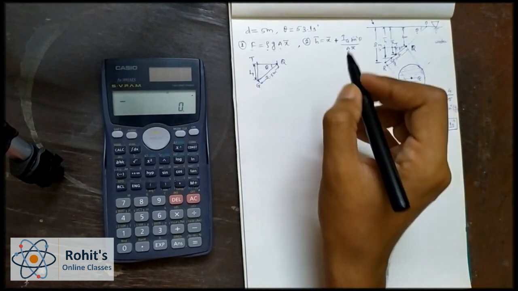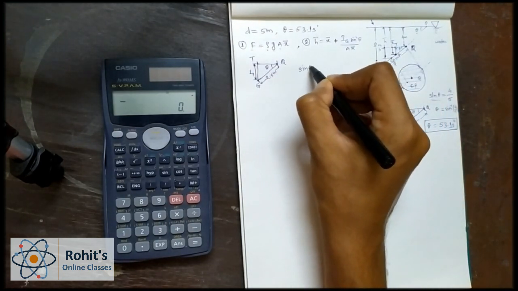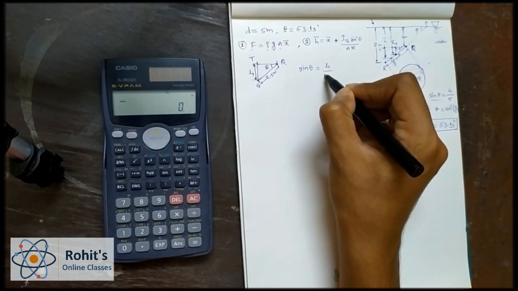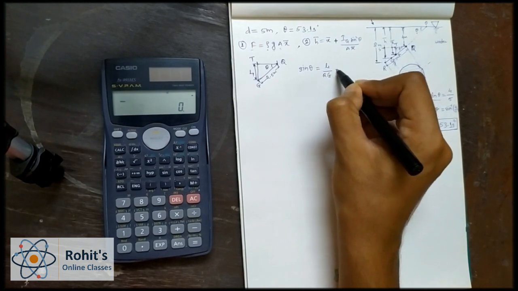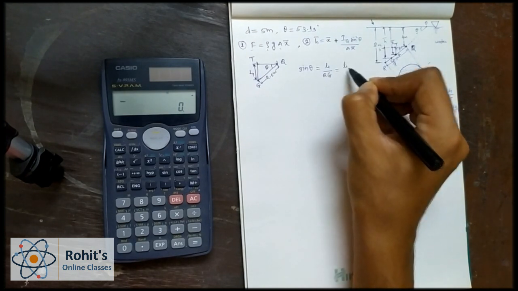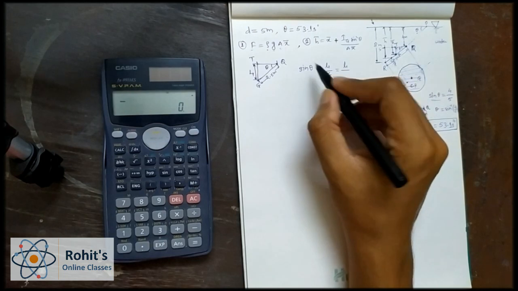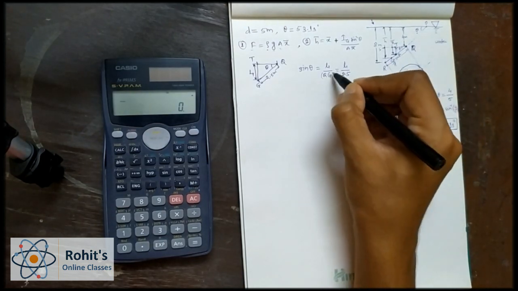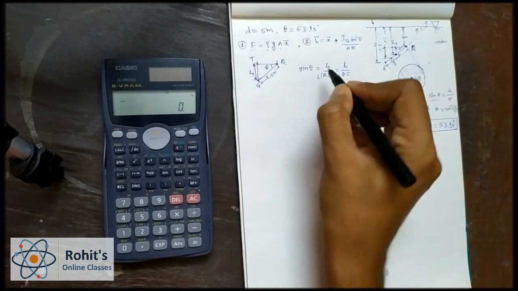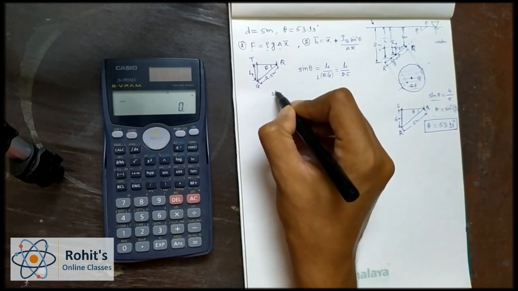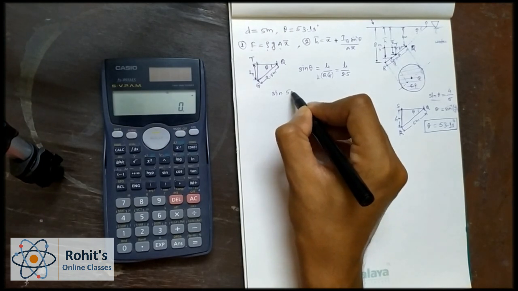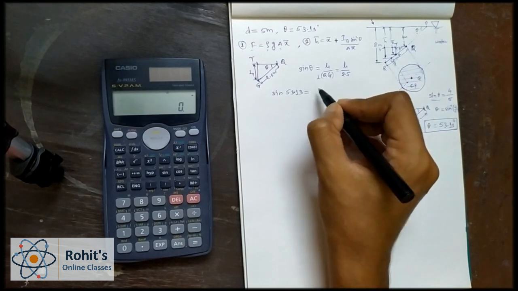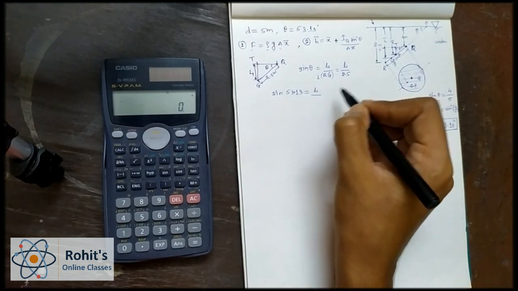So sine of theta is equal to L1 divided by QG. L1 is not known to us, we need to find it out, and QG is 2.5 meters. But we know this angle theta, so sine of 53.13 is equal to L1, which we want to find out, divided by 2.5.